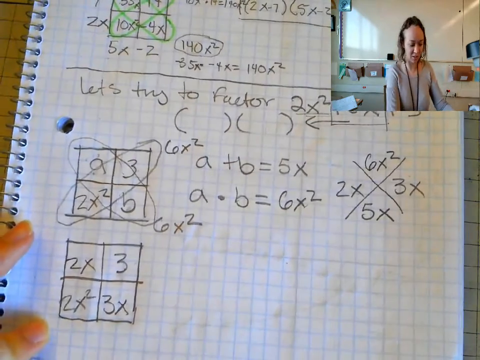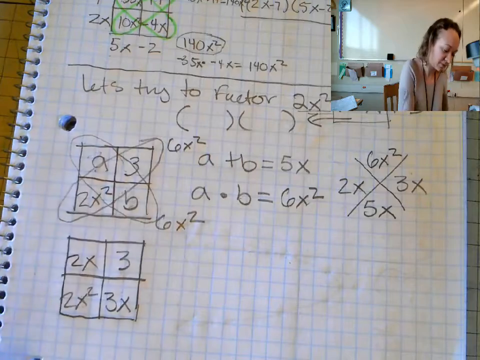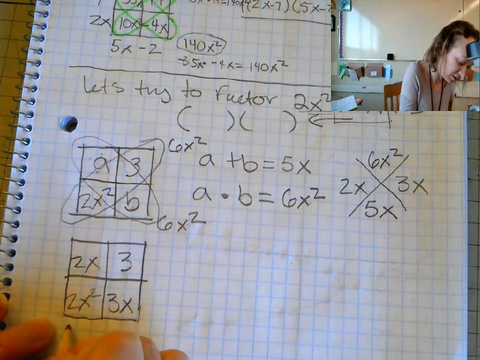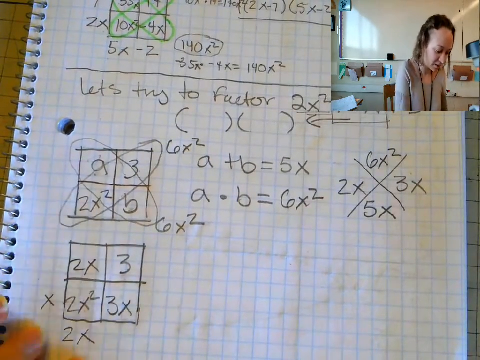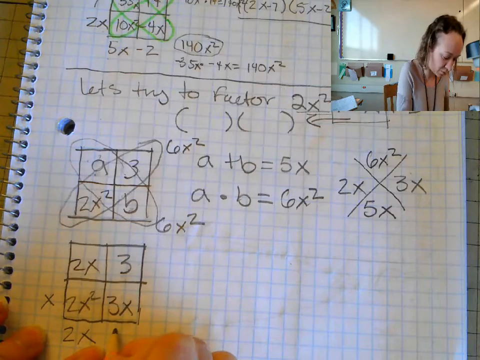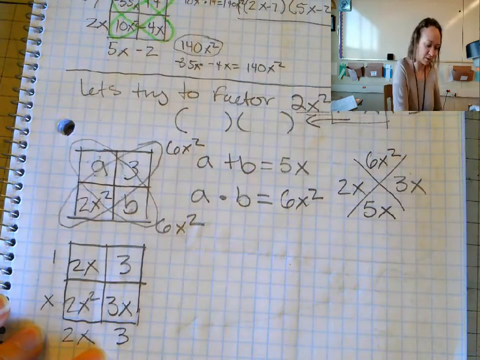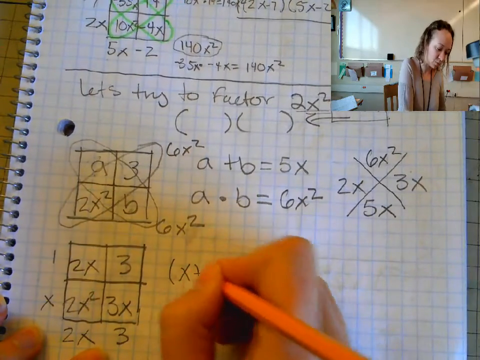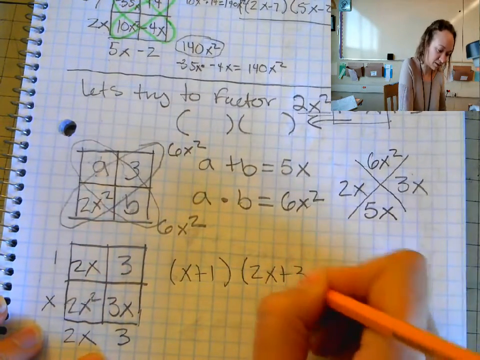And now I just need to find the outside dimensions and write it as the factors. So this gives me 2x. That must just be an x. This must be a 3. And that must be a 1. So that gives me x plus 1 times 2x plus 3.